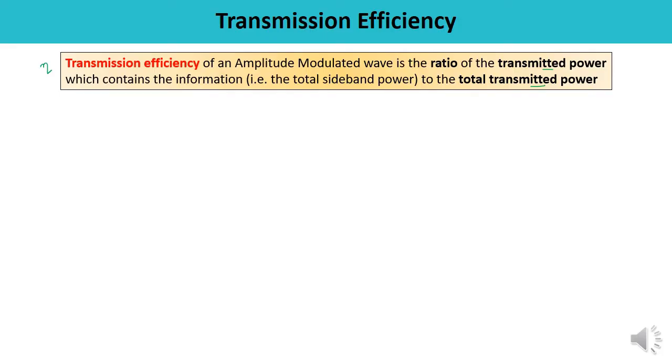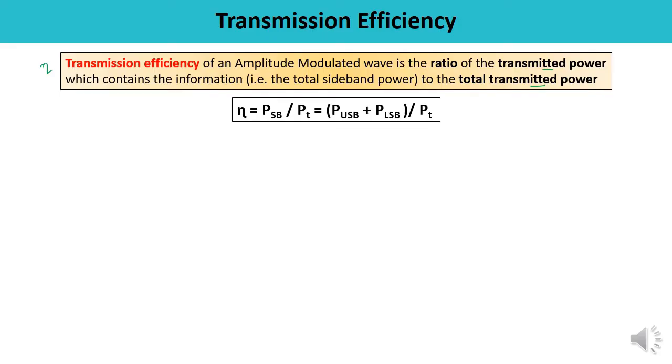So this is the ratio of sideband power to the total power. Mathematically, eta is the power of the sidebands upon the total transmitted power, and there are two sidebands, upper sideband and lower sideband. So the numerator will be P of upper sideband plus P of lower sideband, upon PT.